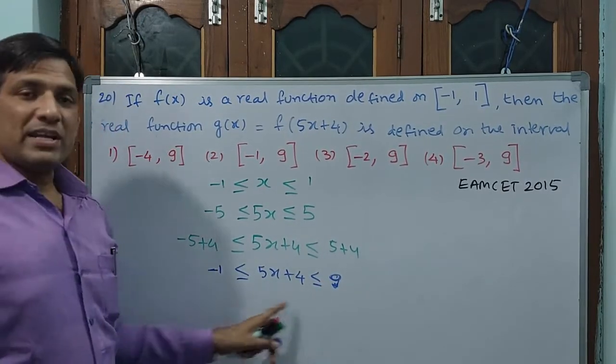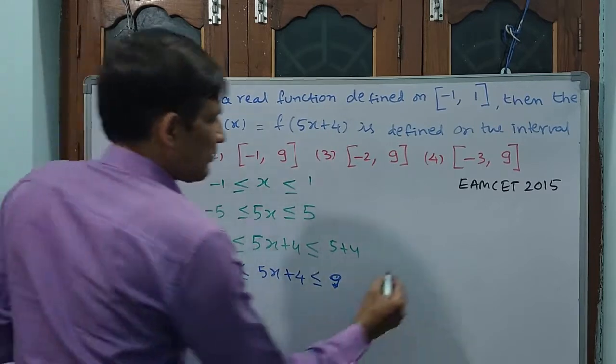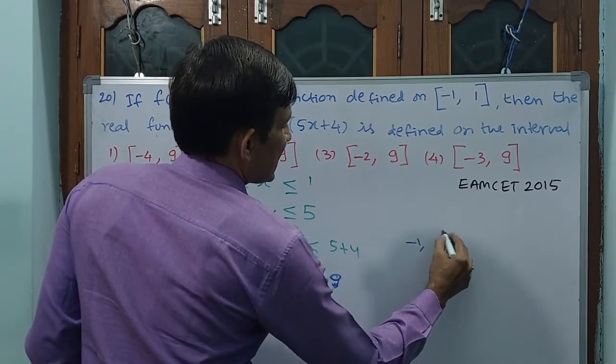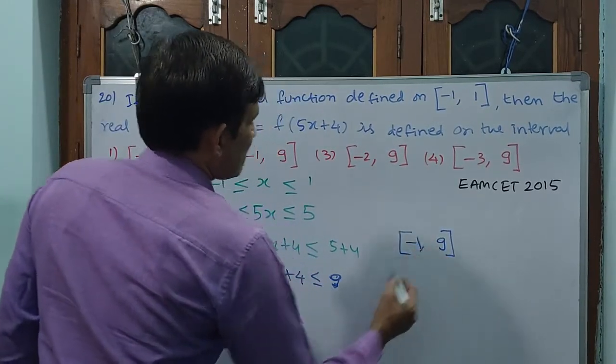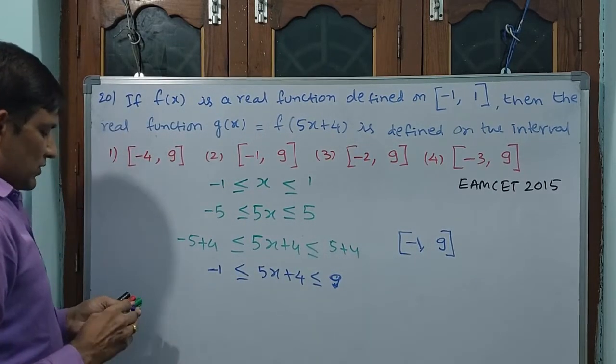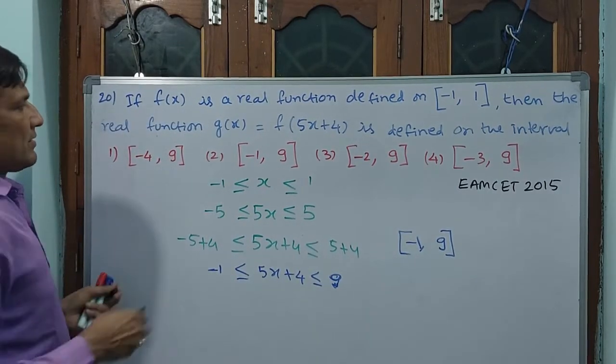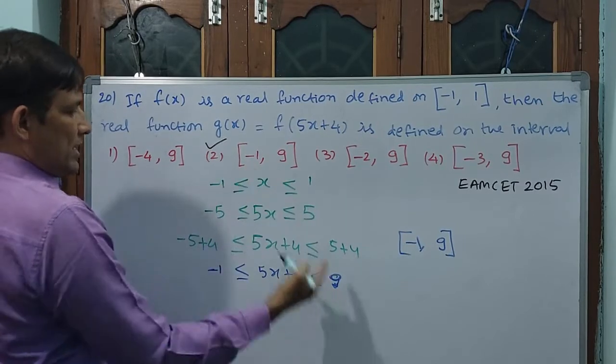Then what is the answer? Minus 1 to 9, closed interval. That means minus 1 to 9, closed interval on both sides. Okay? This is the answer for this question. Go back and see where it is. This one, minus 1 to 9, closed interval. Okay?